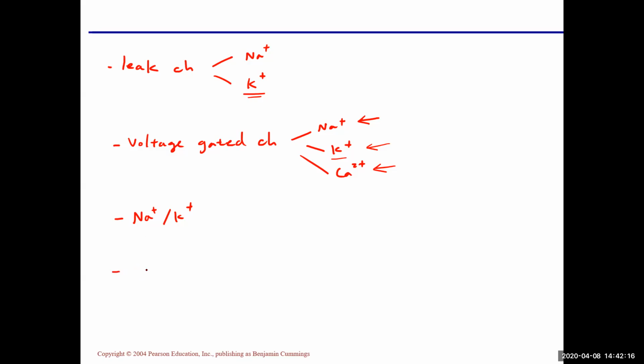Then we discussed the chemical gated channel, also known as ligand gated channel. You have some familiarity with it because we discussed the neuromuscular junction, if you recall.